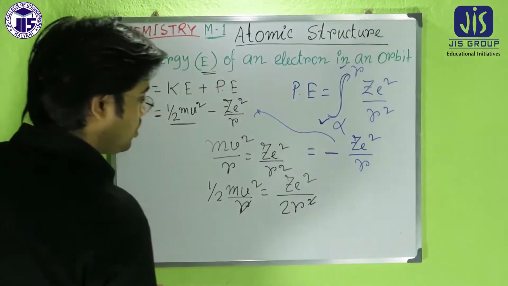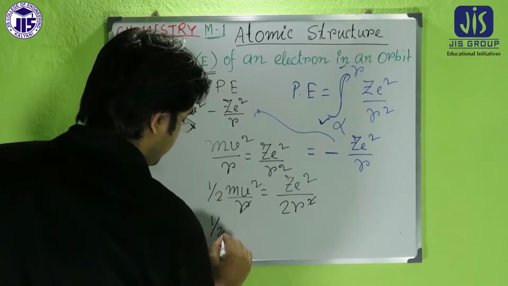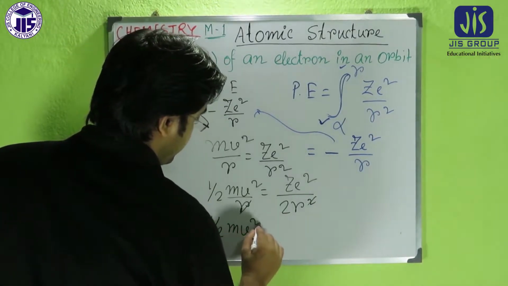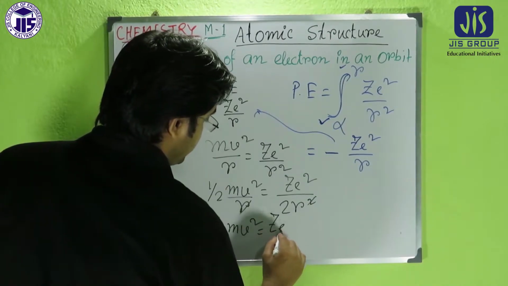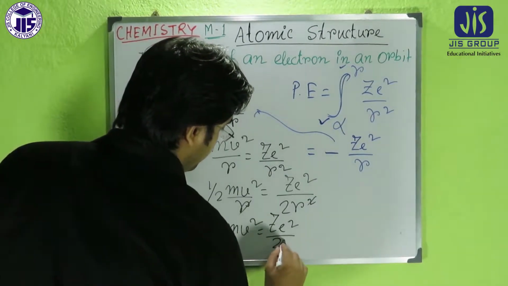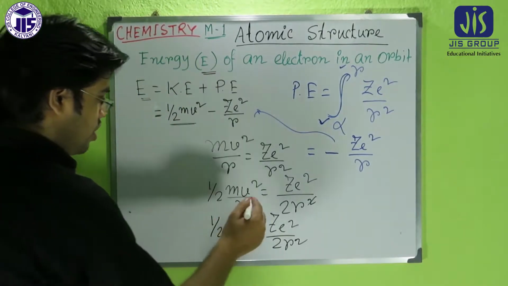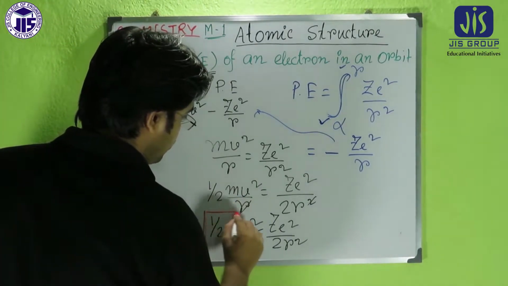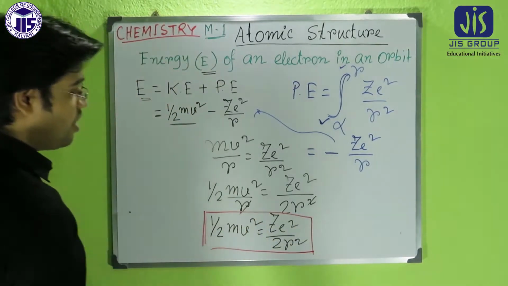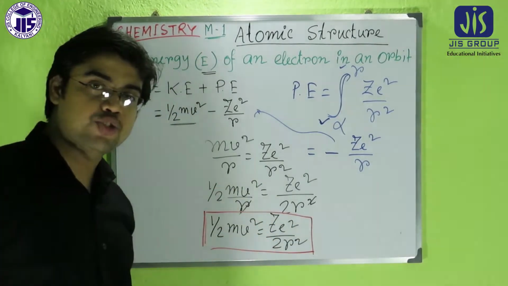Then it will be cancelled out. So half mv square equals Z e square by 2r. So it is the value of half mv square.